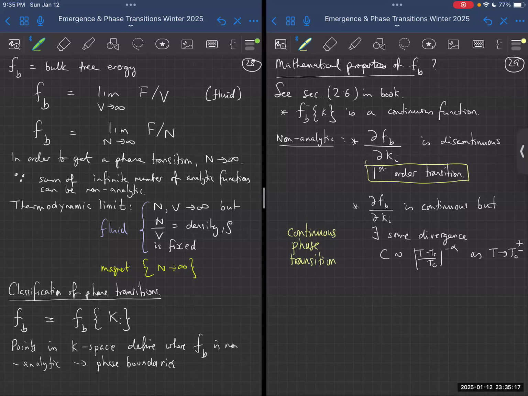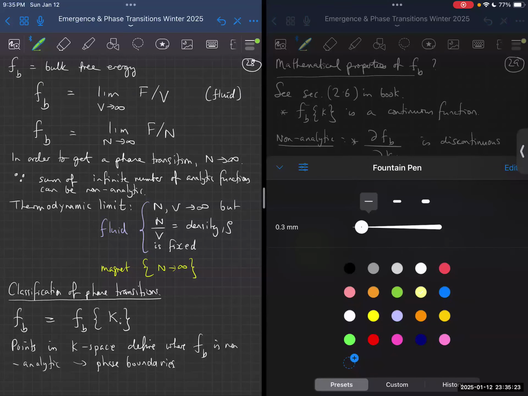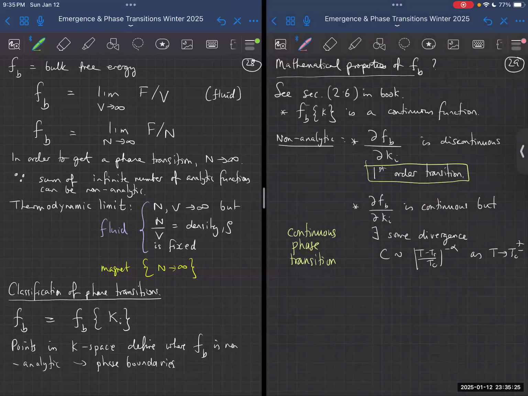Continuous phase transition is a better term than the older term, second order phase transition, which we'll sometimes see, which is due to Ehrenfest. So let me just make a comment.